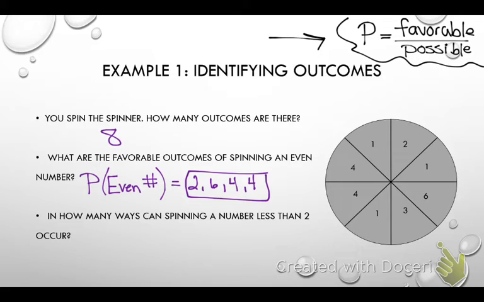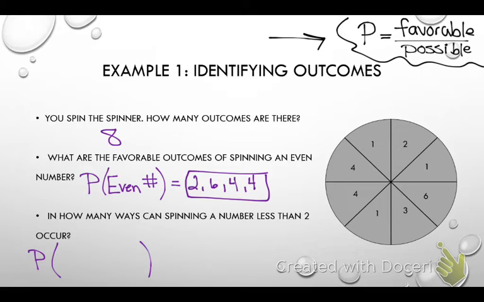So now let's look at the next one. In how many ways can spinning a number less than 2 occur? So I want you to try to write what would belong in the parentheses. What is your targeted outcome now? Try to write it in parentheses. And your writing may be a little different. Okay? Just get it close.